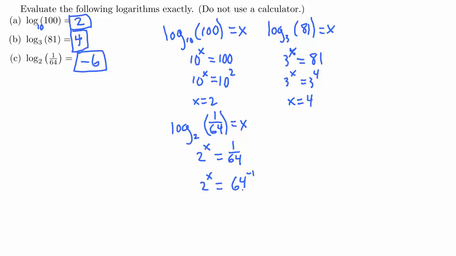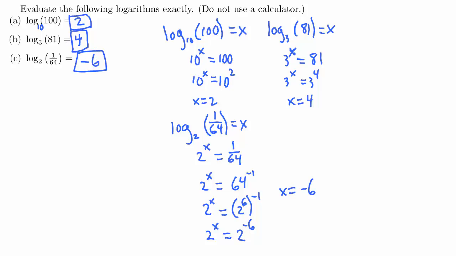Now, 2 and 64 share a common base of 2. So this is 2 to the x is equal to parentheses 2 to the sixth power to the negative 1. And remember, an exponent to an exponent you multiply. That means 2 to the x is equal to 2 to the negative 6 power. And that's why x would equal negative 6. And that's why I can get negative 6 there as well.